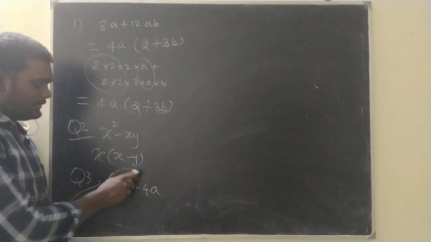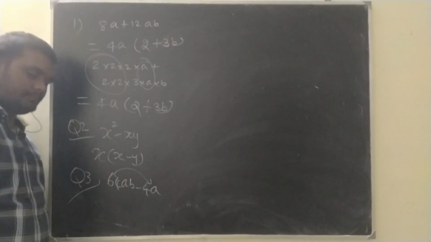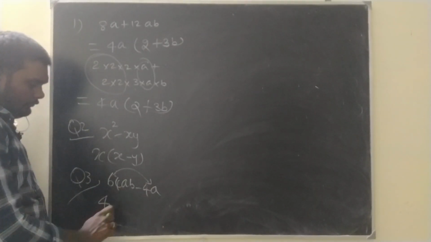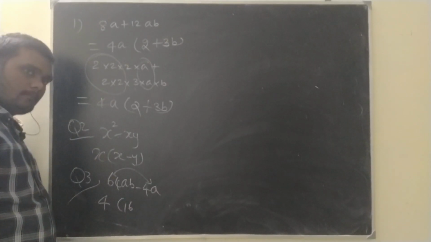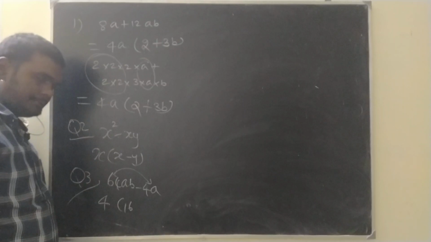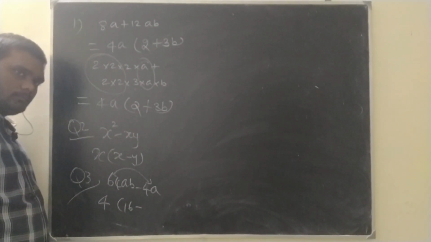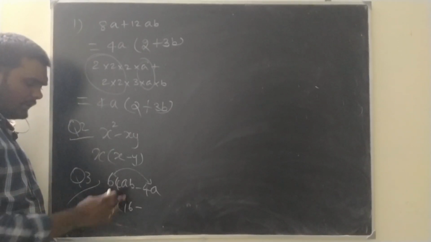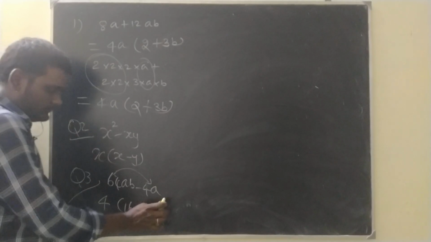Or else think which will come here. 64 and 4 will come in which table? 4. Minus. Yeah. Where has this B gone? Minus B. Yeah.